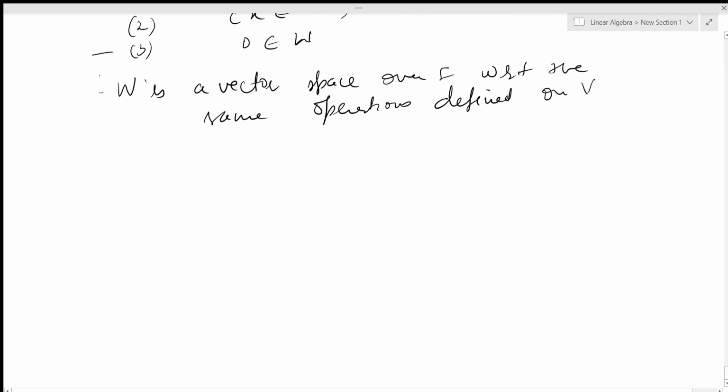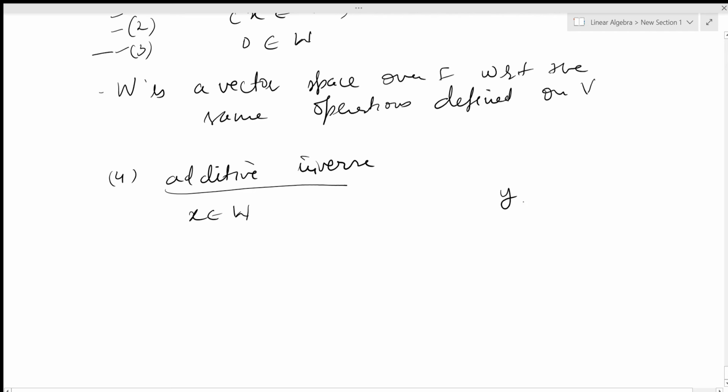As you know, 3 properties are already satisfied. Now there is the additive inverse. Fourth one, additive inverse. For the additive inverse, what do we have to show? If x belongs to W, we have to show that there is some y in W such that x plus y is equal to 0. And you know that 0 belongs to W is already given.